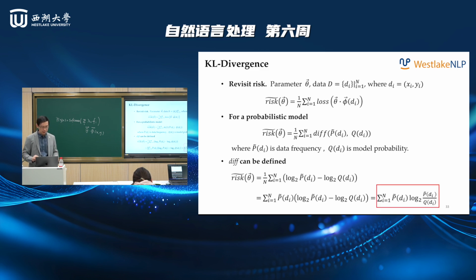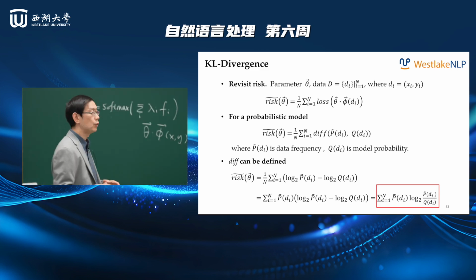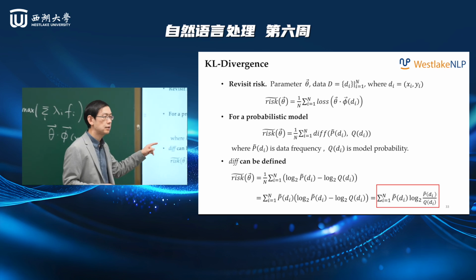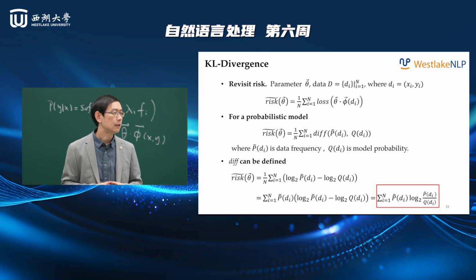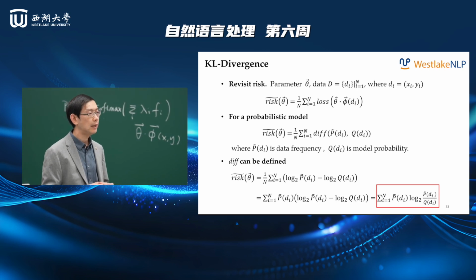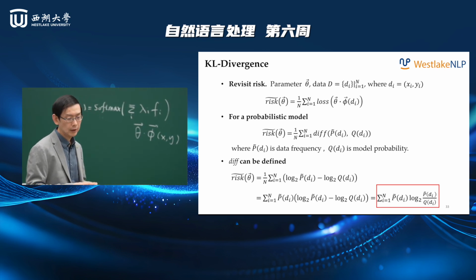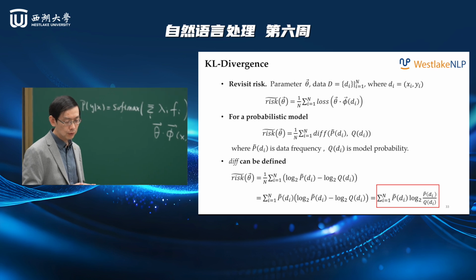So this equation is called the KL divergence, okay? But we generalized from the empirical data set of n instances into two random variables.